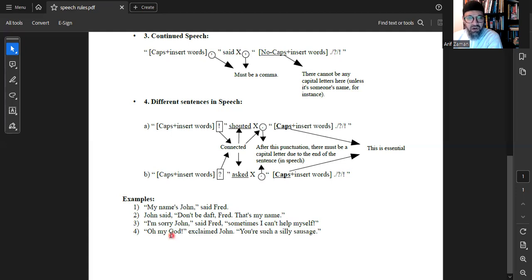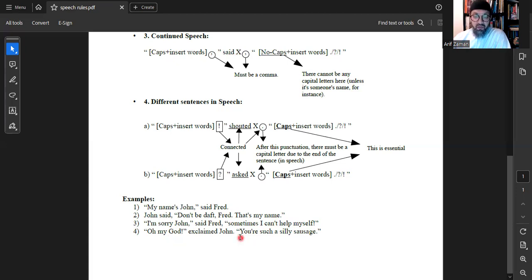Number 4 has different sentences in the speech. How many sentences did John make in number 4? 2. "Oh my God." And because you've got the exclamation mark, it means that whatever he says next is a different sentence. "You're such a silly sausage" in this case, capital Y, beginning that sentence.